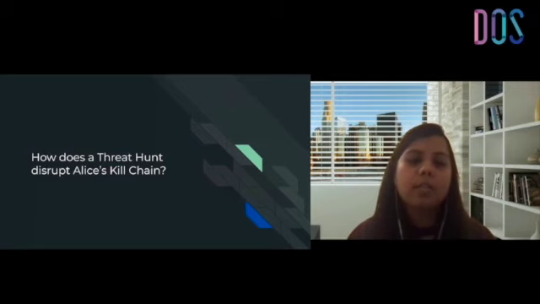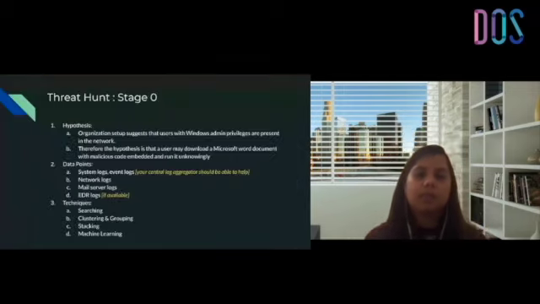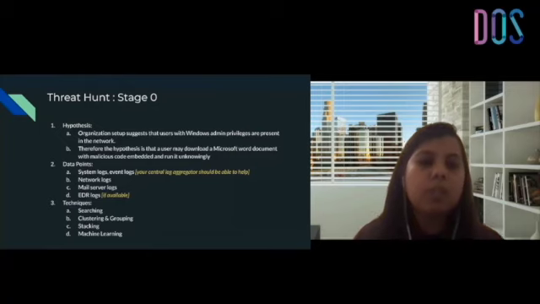Say the hypothesis in this case is: a user may download a Microsoft Word document with malicious code embedded and run it unknowingly, because your organization has trust policies with employees and they have admin privileges on their Windows machine. This is one of the hypotheses you can use, based on the information available from the whole landscape of your organization.